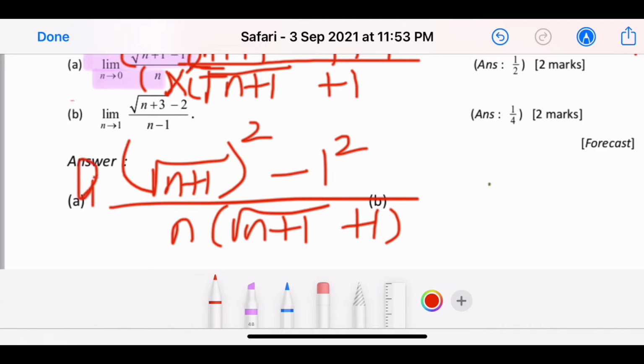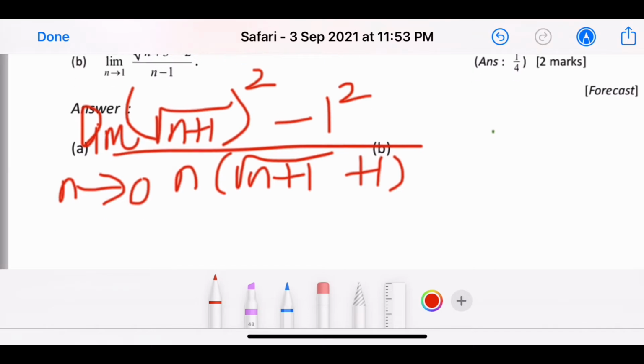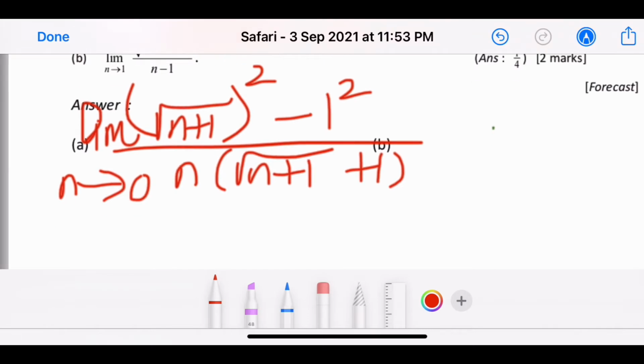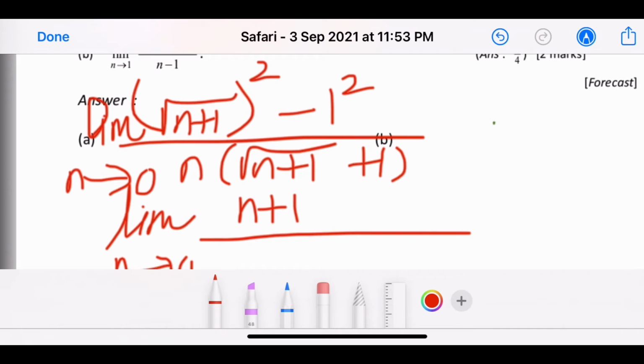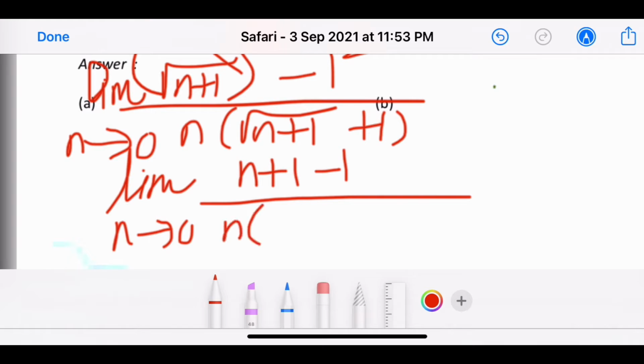Then the limit, n approaches 0. So we need to simplify the limit as n approaches 0. For the square root of n plus 1, when we square, we cancel out the square root, minus 1, over n times square root of n plus 1 plus 1.